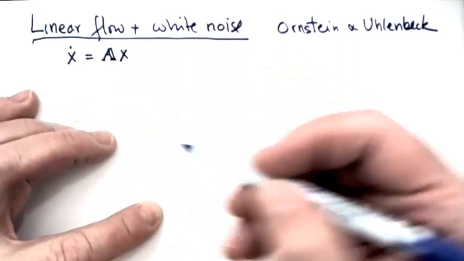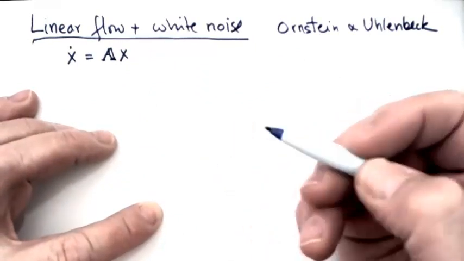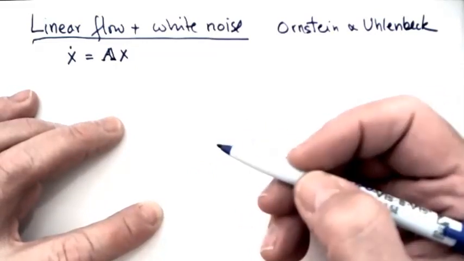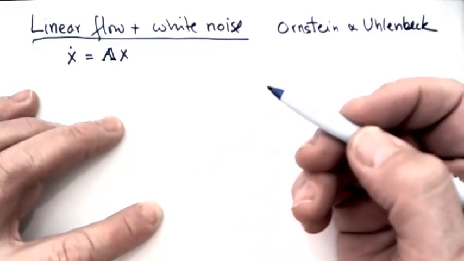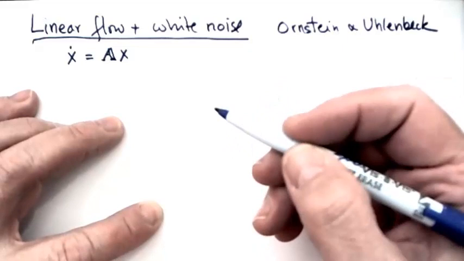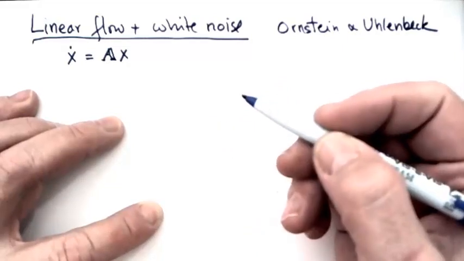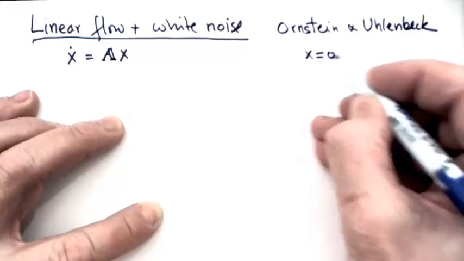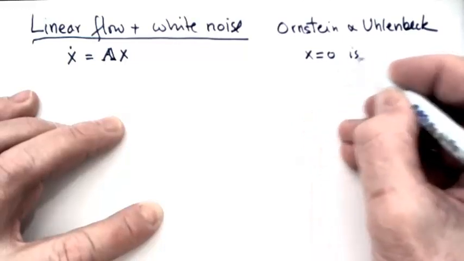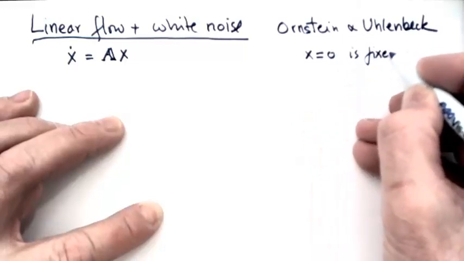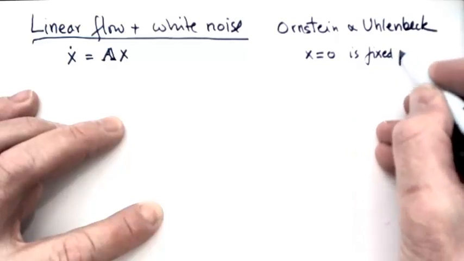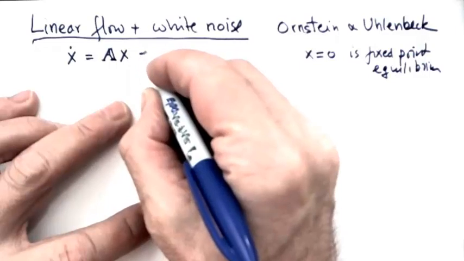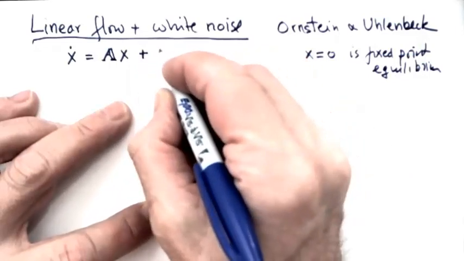And now if this stability matrix has only contracting eigenvalues, so all its eigenvalues or stability exponents are negative, this flow will contract to a fixed point at x equals 0. So x equals 0 is a fixed point or equilibrium of this flow. Now what happens if you add noise to it? So we add a little bit of noise.